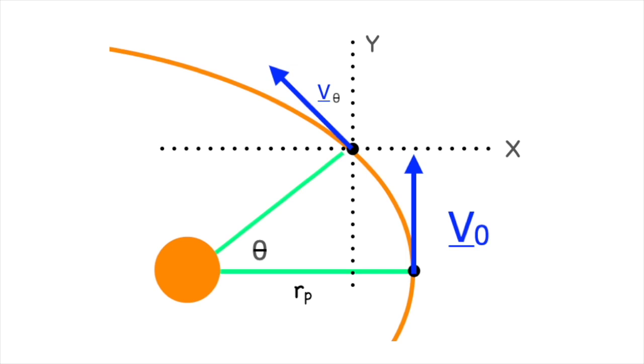X is parallel to r sub p, and y is parallel to V0. So here are beta and phi. We can see that the angle formed by v sub theta and y is beta because y is parallel to v naught.